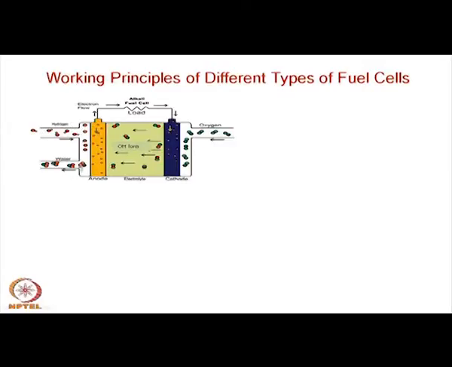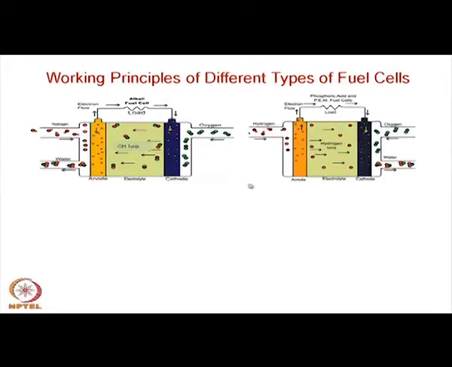So, this is the reaction for alkali fuel cells. And if the hydrogen ion is the conductor, it moves in the opposite direction, and you have an electrolyte which may be a phosphoric acid fuel cell, with phosphoric acid as the electrolyte, or as I mentioned earlier, a polymer.